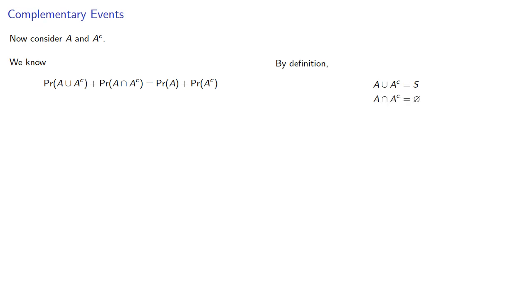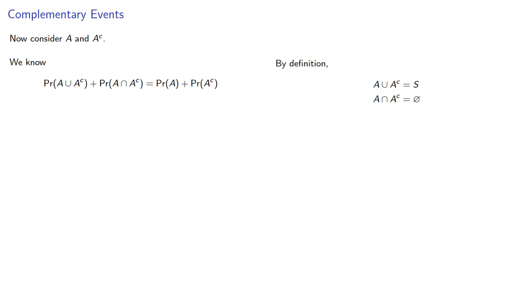Now consider an event and its complement. We have the probability of the union plus the probability of the intersection is the sum of the probabilities of the individual events. But by definition, the union of an event and its complement is the entire sample space, and, again, by definition, the intersection is going to be the empty set.